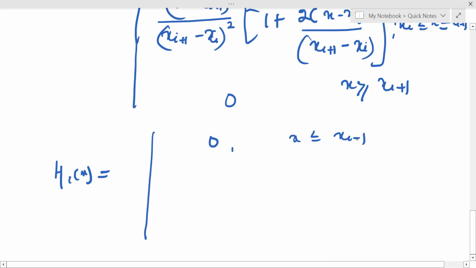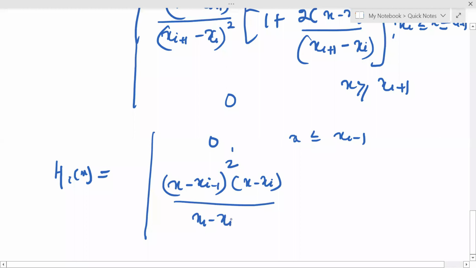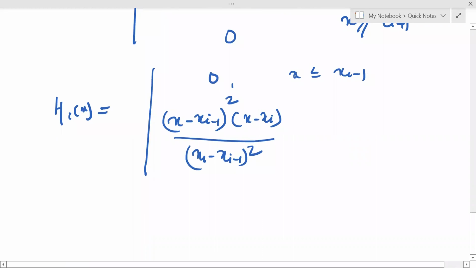And the second condition, (x minus xi minus 1) whole square whole into (x minus xi) whole divided by (xi minus xi minus 1) whole square. This value lies in this interval, xi minus 1 less than or equal to x less than or equal to xi. In this interval, this function lies.